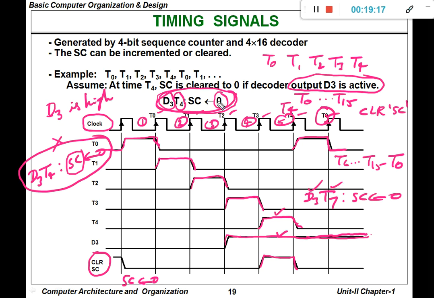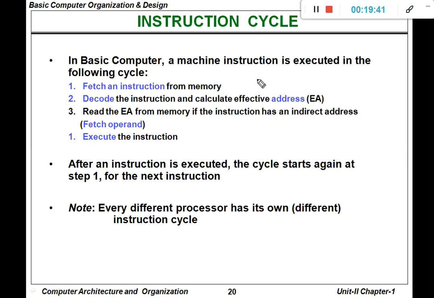This is only one particular assumption. Like that we can have any control signal at any time which is going to perform the sequence counter clear to 0. If you do not specify any logic, then by default the sequence counter will be incremented each and every time. Like that we are going to perform the timing and control operations and perform a specific operation.